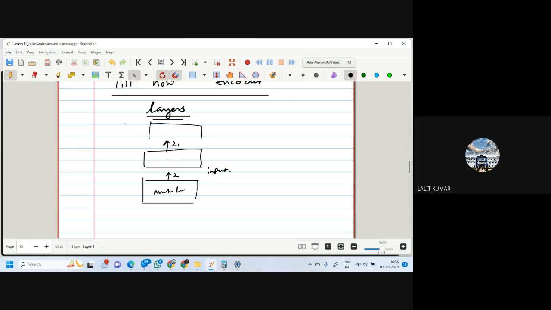For the third layer, we get Z2. The steps remain the same: we do self attention, then concatenation, then feed forward, and keep on doing that in different layers. Is that okay?